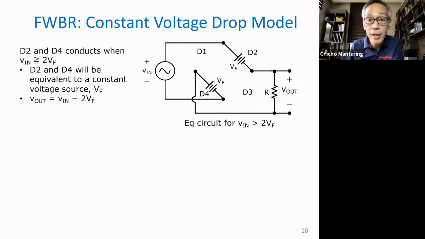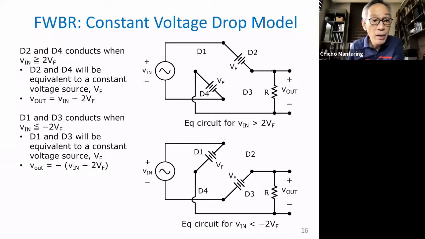You replace it with the constant voltage drop model. And what is Vout? If I do a KVL in this loop, Vout is Vin minus 2 times V sub F. When do D1 and D3 conduct on the other hand?